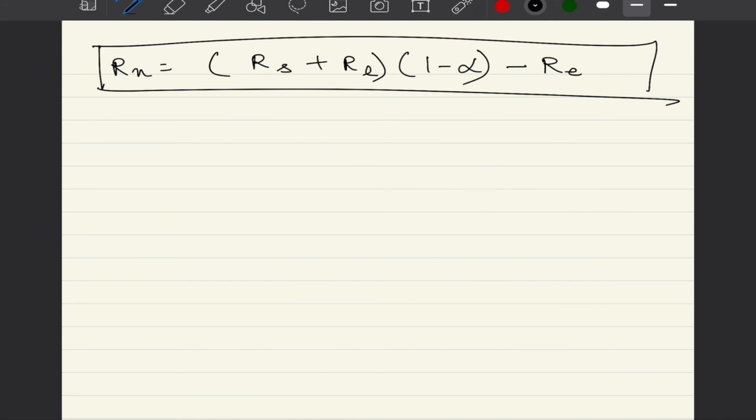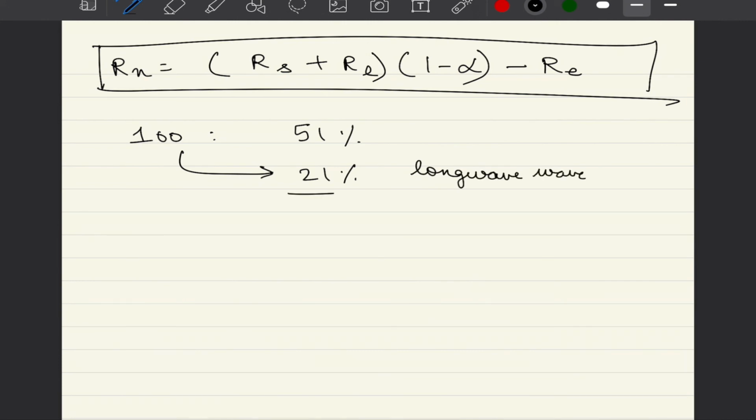When we look into the energy budget, if we have 100 units of incoming solar radiation at the top of the atmosphere, around 51% of it reaches the Earth's surface, and out of these 51 units, 21 units are emitted back as long wave radiation. So only 51 reaches, 21 is emitted back as long wave radiation, and hence we are left with a net 30 units of radiation on Earth's surface.